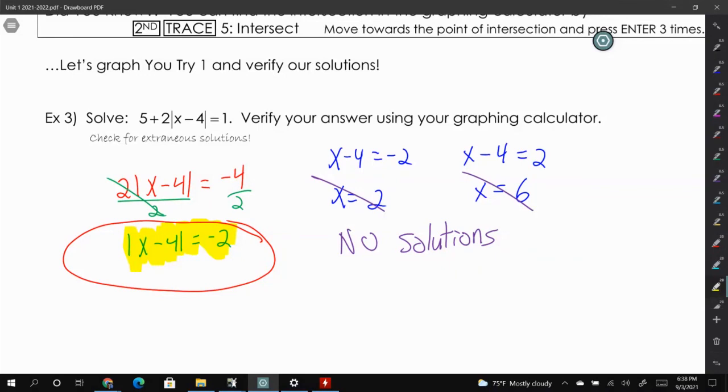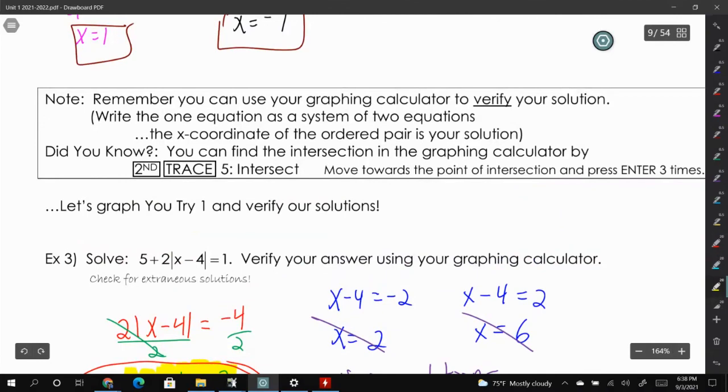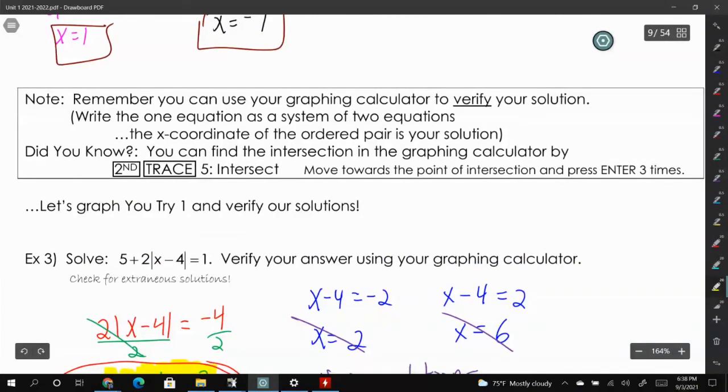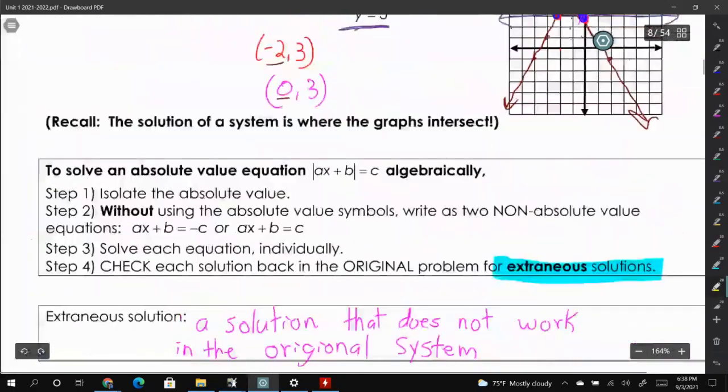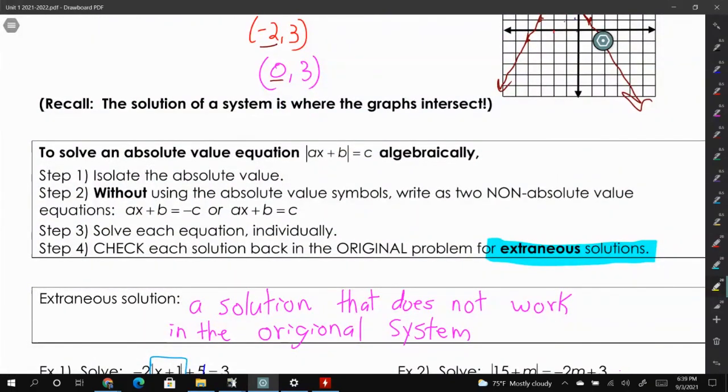So that's it on solving absolute value equations. You have a lot of ways that you can verify your answers. You can verify it graphically. You can verify them by plugging them in. Whichever way works for you is okay with me. And again, you have the directions here in case you forget how to do it on the graphing calculator, or you forget the steps to solve it.